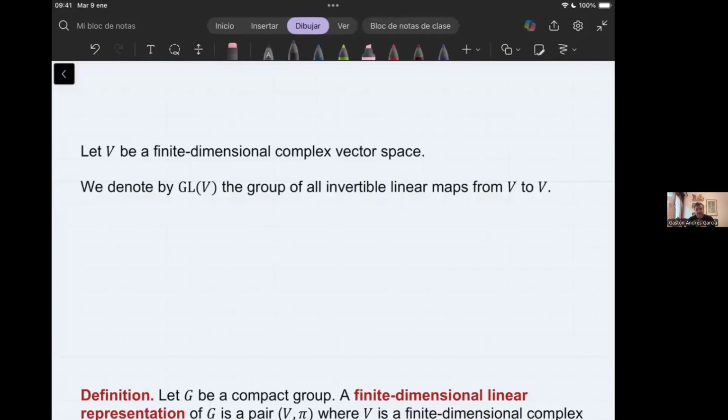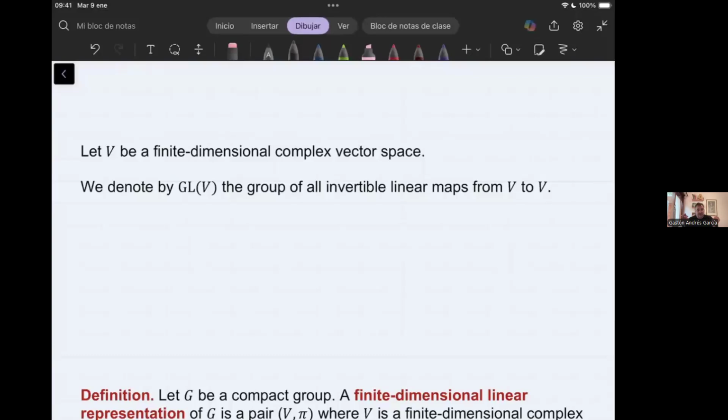To have matrices, we first fix a finite dimensional vector space. And to put everything together, we think as in the old times, in the 18th and 19th century, that any group is a group of transformations of something.